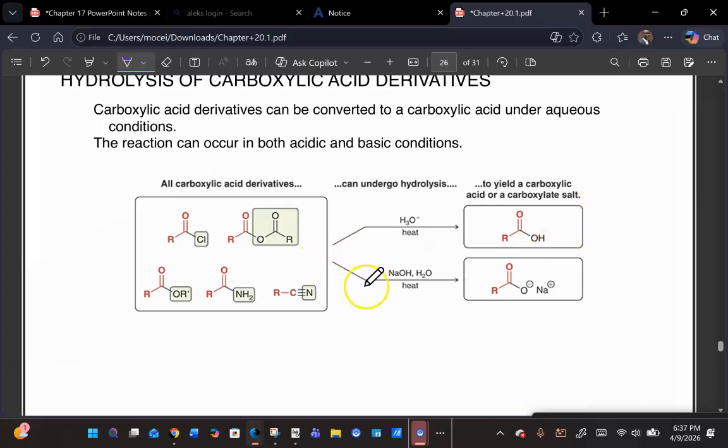Now, if you're in basic medium, all of these will end up giving you carboxylate. So under acidic conditions, we'll get the carboxylic acid, and under basic conditions, we'll get the carboxylate. That's it.